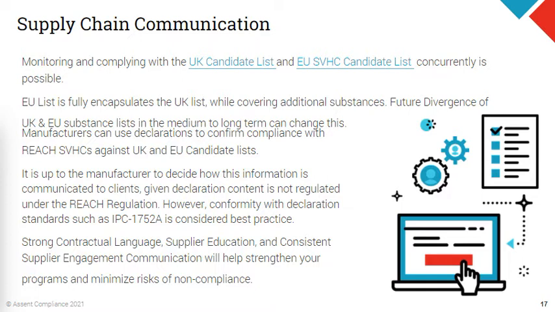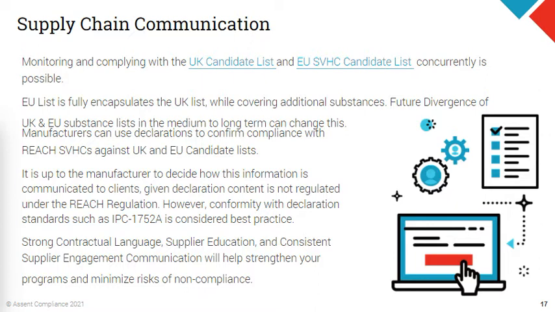Yeah, and just before we move on, a quick note that we want to highlight is that right now, how we're seeing these challenges met in industry is there's 2 lists that are going to diverge. The UK list is going to mirror the EU list currently. And in future, as long as one of the 2 lists is more restrictive but fully encompasses the other candidate list, you can get away with managing your supply chain data collection programs by collecting the information for the more restrictive list.